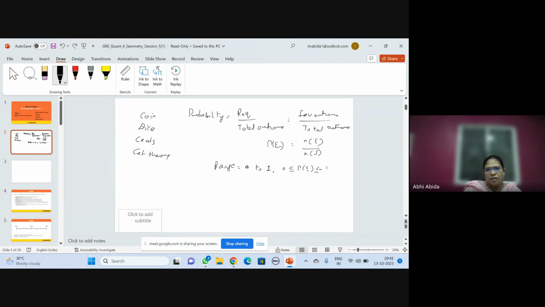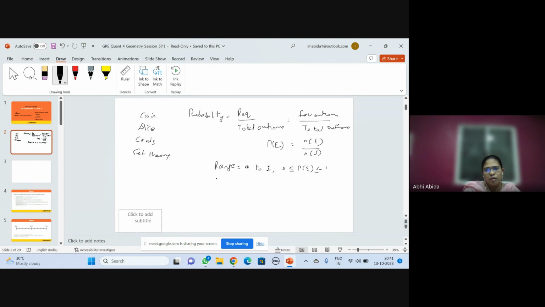I think you know that whenever there is no chance or no hope of an event happening, the probability of that will be 0. And when it is compulsorily happening, the probability will be 1. Next thing, the sum of probabilities will always be 1.